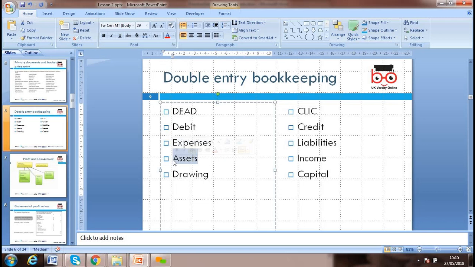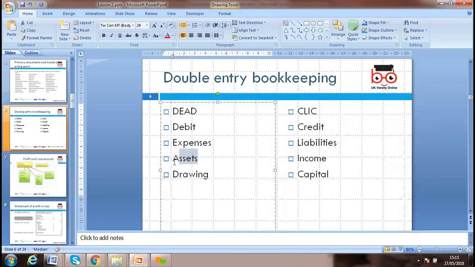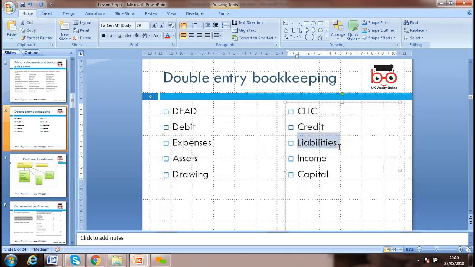Yes, so loan is a liability and the car is an asset. So when you're buying a car, you debit your car and the loan is a liability, credit. So one is a debit, one is a credit.